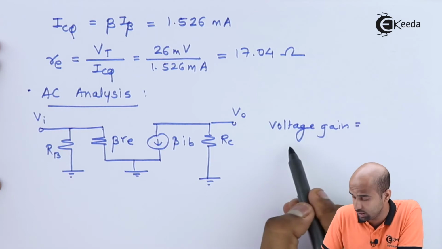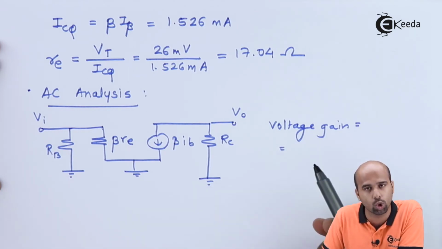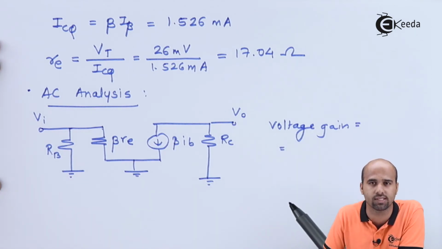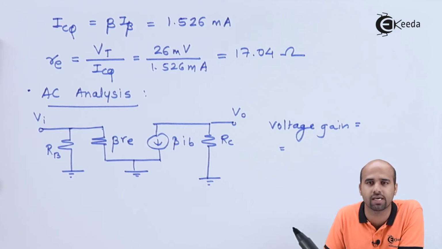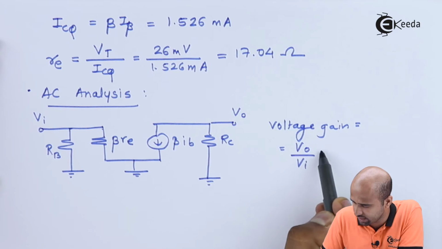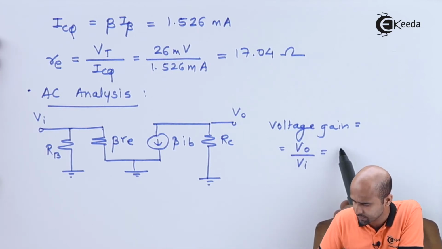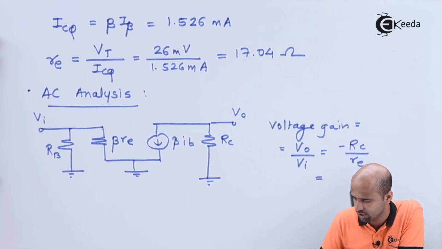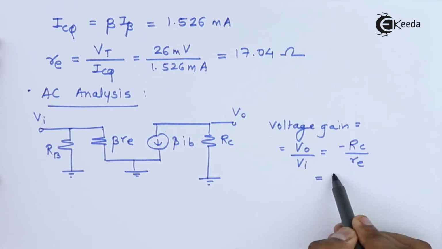That should be in the form without load resistance and without source resistance. Fortunately, in this particular example we don't have load resistance RL as well as source resistance RS. So we'll directly write Vo divided by Vi as minus capital RC divided by small re. We'll put in the values of small re and capital RC, and we will get the value of gain.